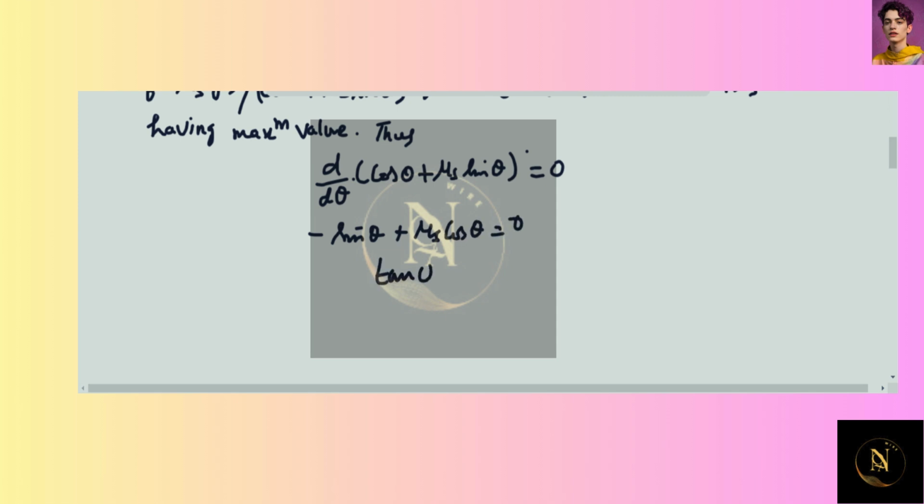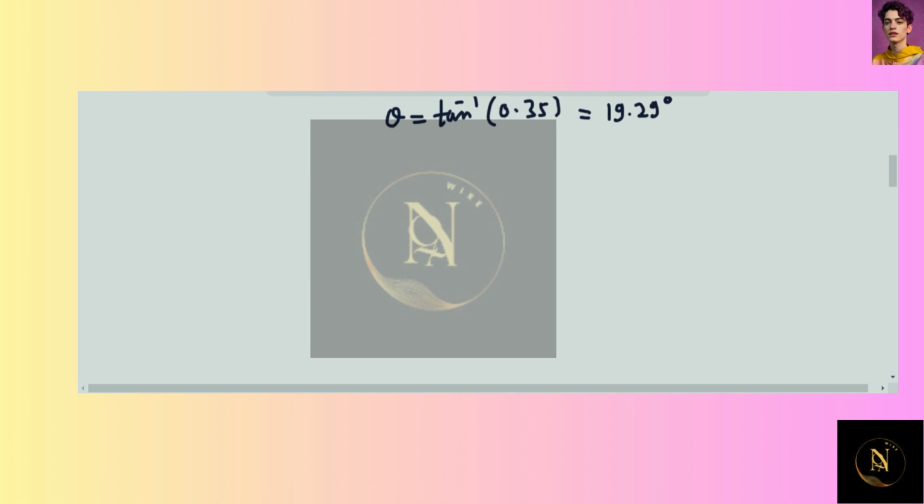So tan of theta to be mu s, and here mu s is given 0.35. So theta will be tan inverse of 0.35. So this angle you will get 19.29 degree. Answer of part A.